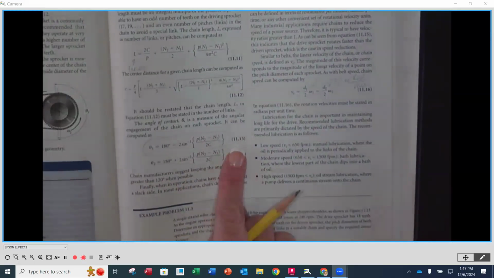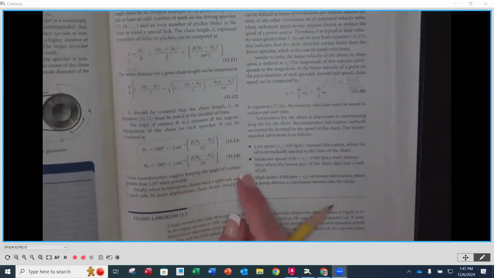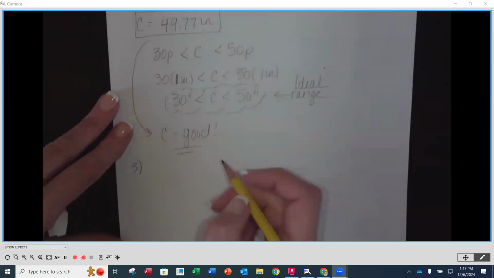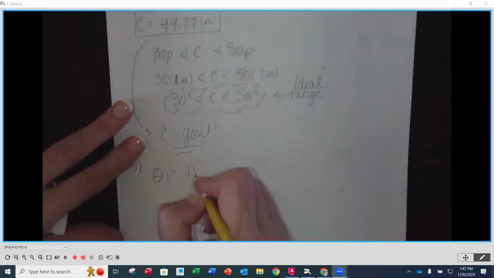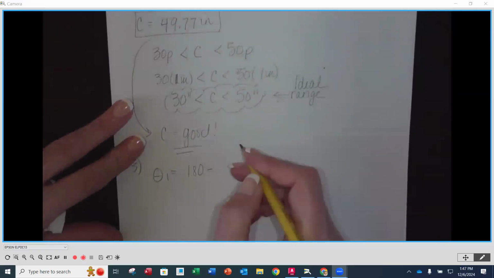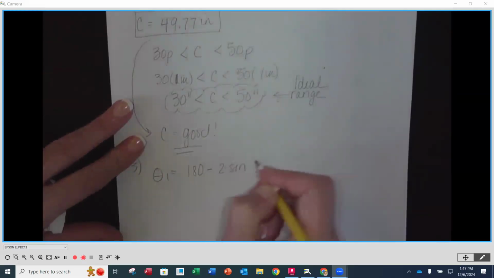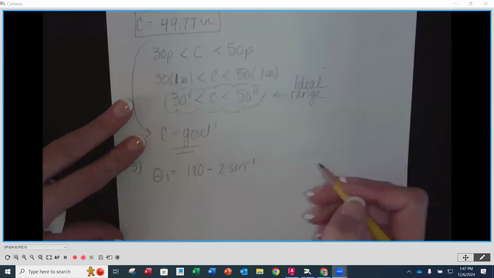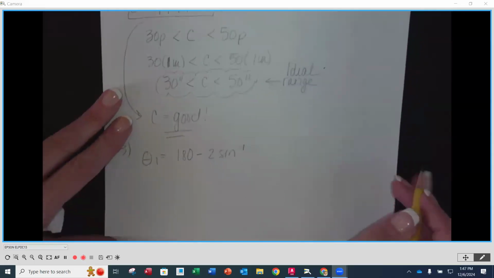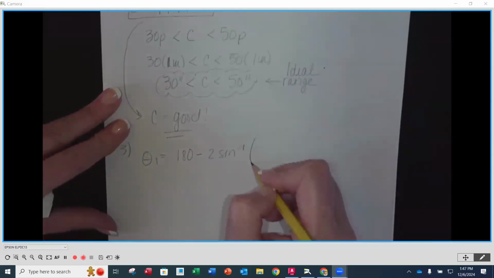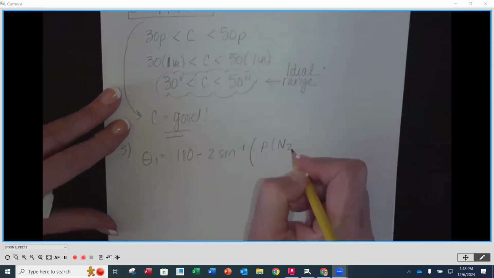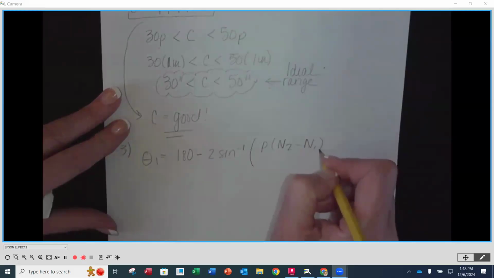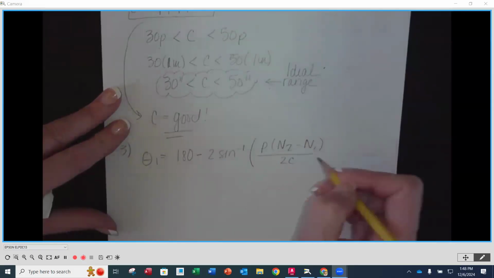Equation 11-13, this is the one that we want to do for the smaller sprocket. So theta 1 is equal to 180 minus 2 times sine to the -1, the inverse sine, times p times n2 minus n1 over 2c.